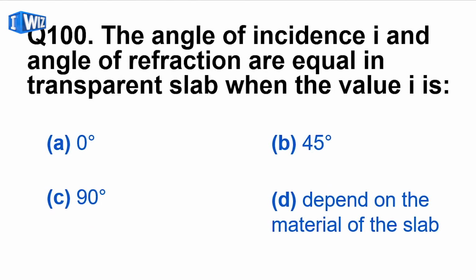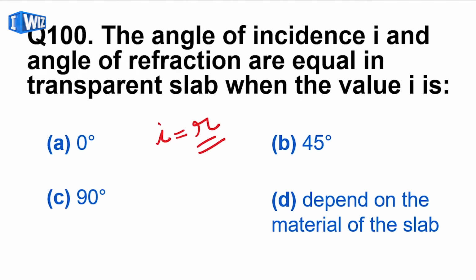Next, the angle of incidence i and the angle of refraction are equal in a transparent slab when the value of i is 0 degree, 45 degree, 90 degree, or depends on the material of the slab. So which is the right option? When is the angle of incidence equal to the angle of refraction?